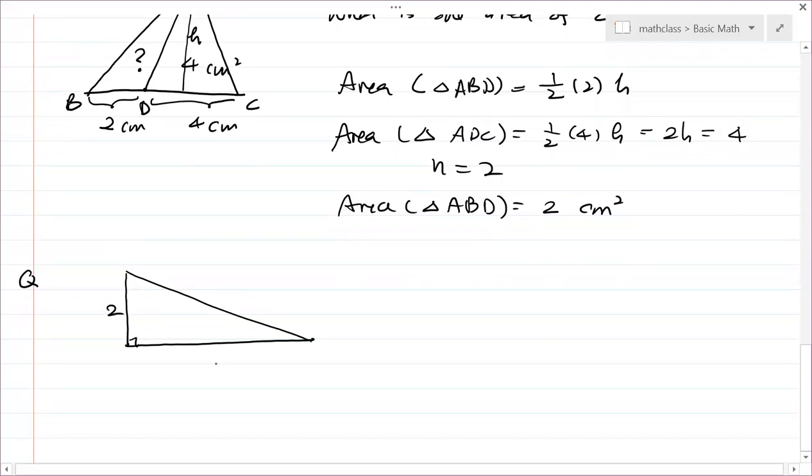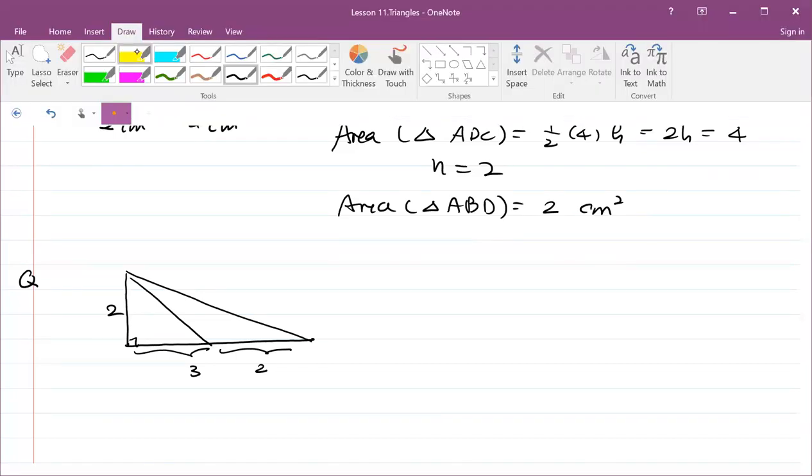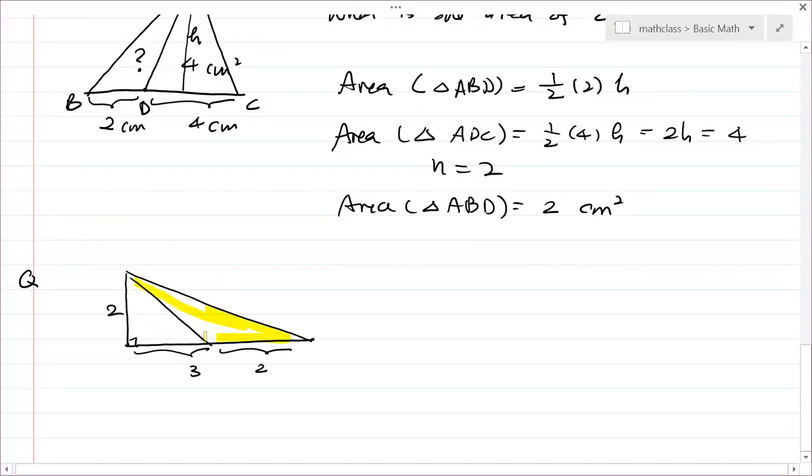Here's 2. This is 3. That's going to be 2. Let's do one more problem. Find the area of this shaded region, the shaded triangle. This is A, B, C, D. So find the area of triangle ADC.